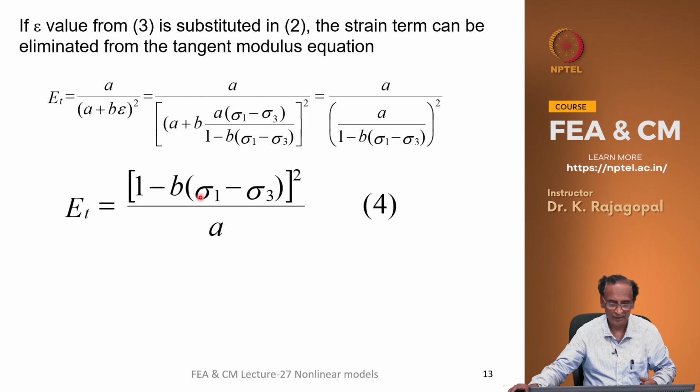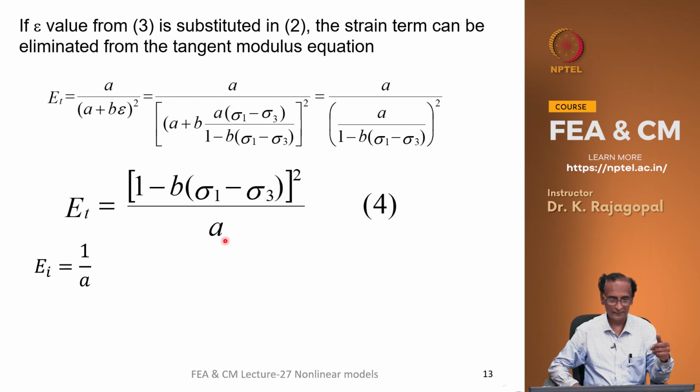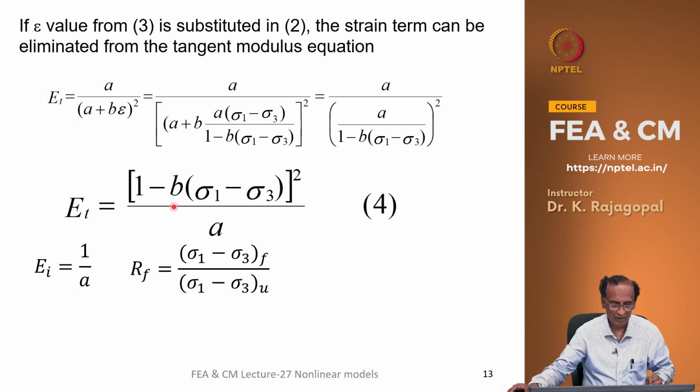So we get (1 minus B sigma 1 minus sigma 3) whole square divided by A, because A square is here and A is there, and A is the inverse of the initial modulus. So in fact, ET can be written as EI times (1 minus B sigma 1 minus sigma 3) whole square, and B is related to the failure ratio RF.